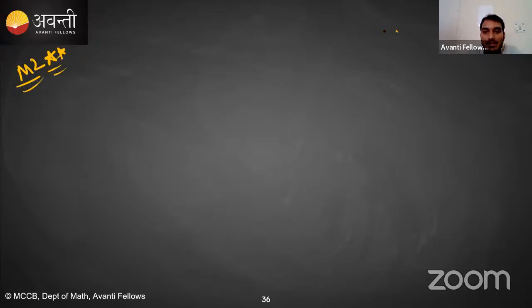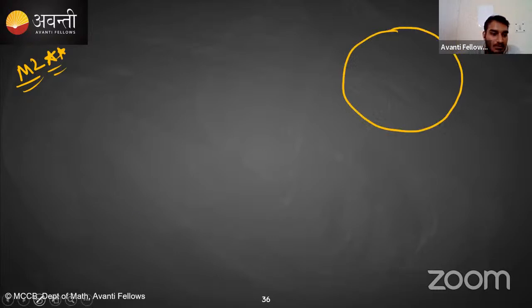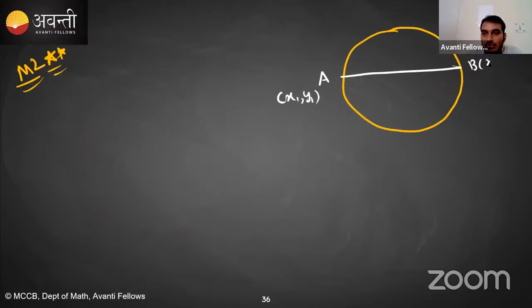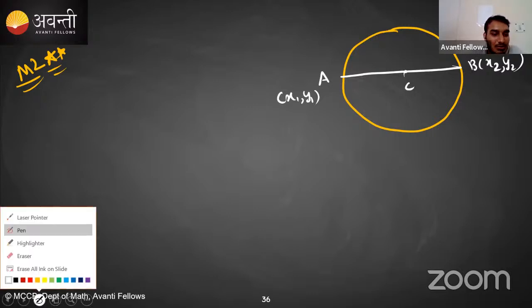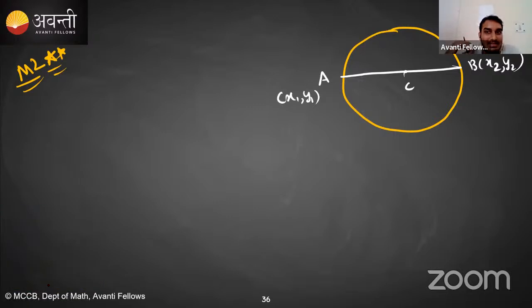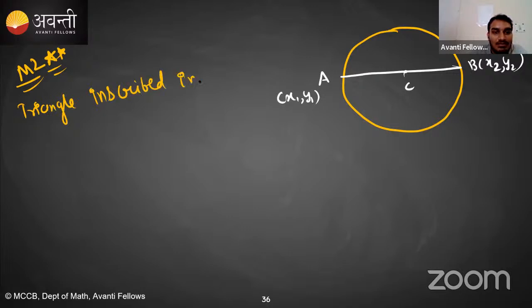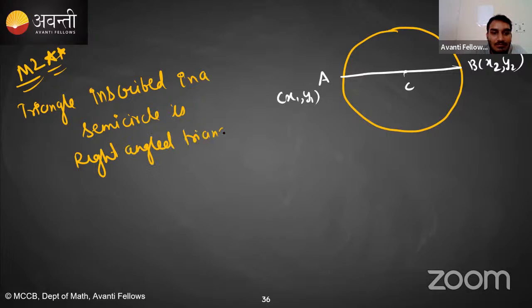How will you do this? Again, the opposite ends of the diameter are given: A is (x1, y1) and B is (x2, y2), and this is the center C. In your lower classes, in 9th and 10th, everybody knows this: a triangle inscribed in a semicircle is a right-angled triangle.